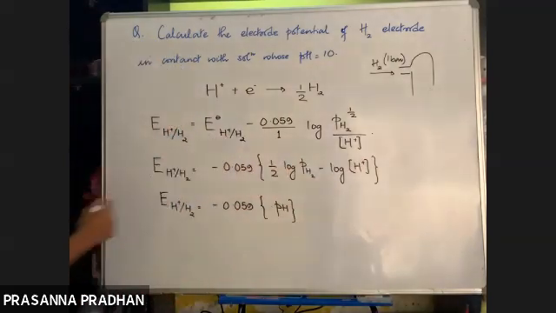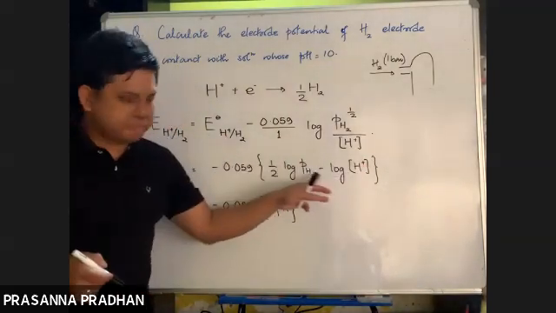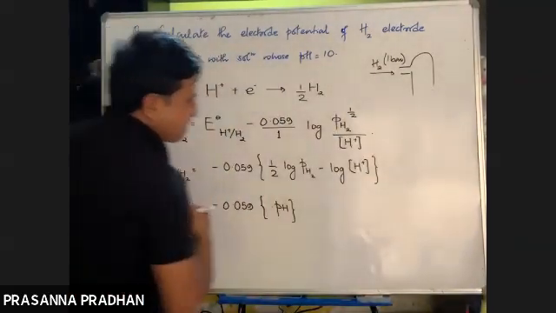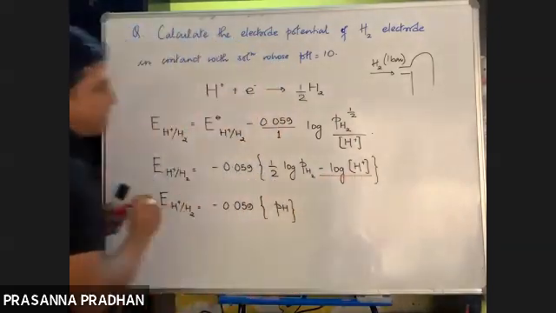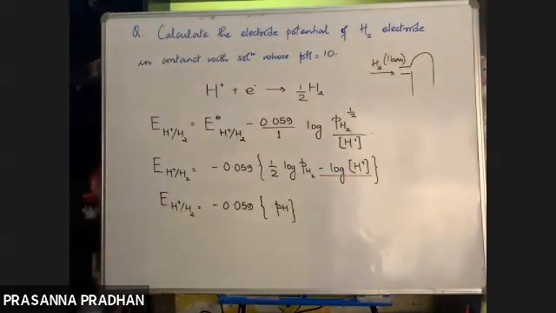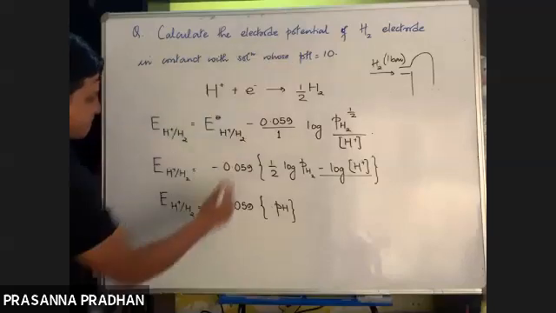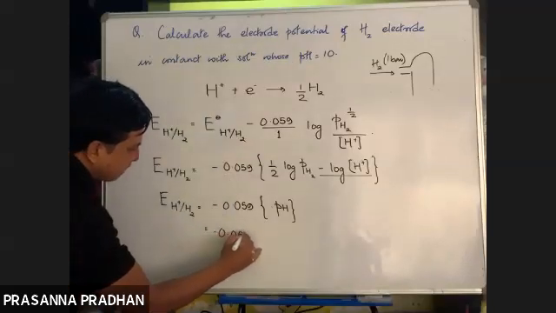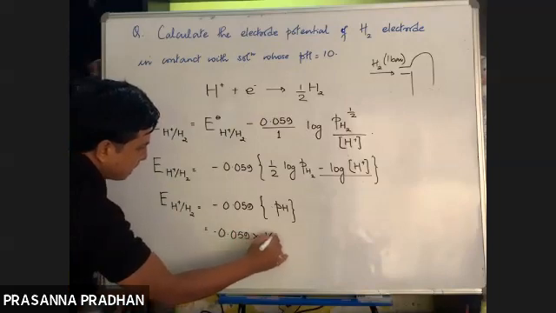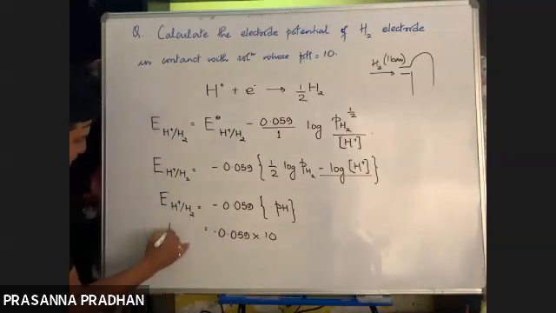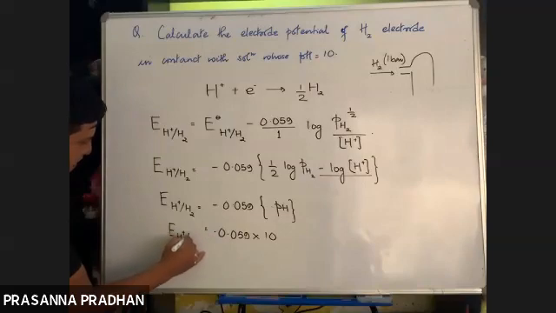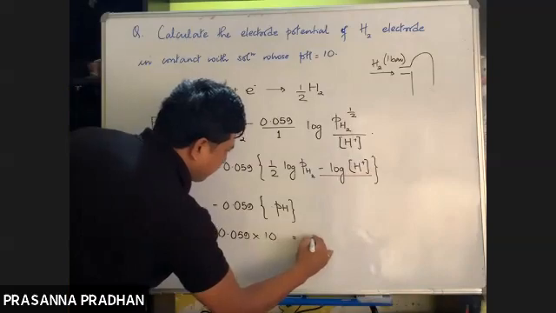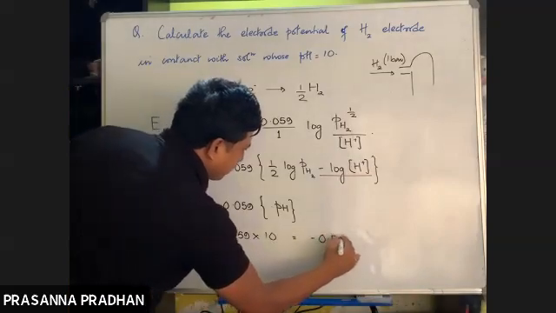So 0 minus log H positive, and the value of minus log H positive is the pH. What is the value of pH given? The pH is equal to 10. So minus 0.059 into 10. My answer is going to be minus 0.59 volt.